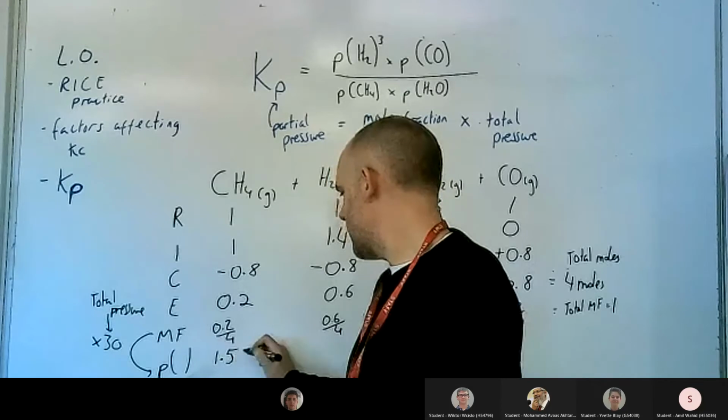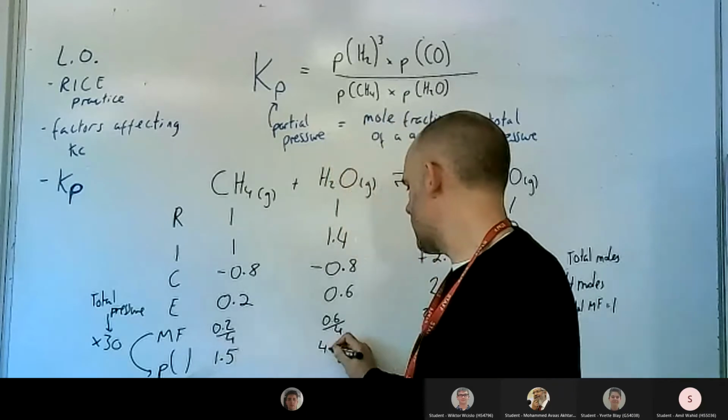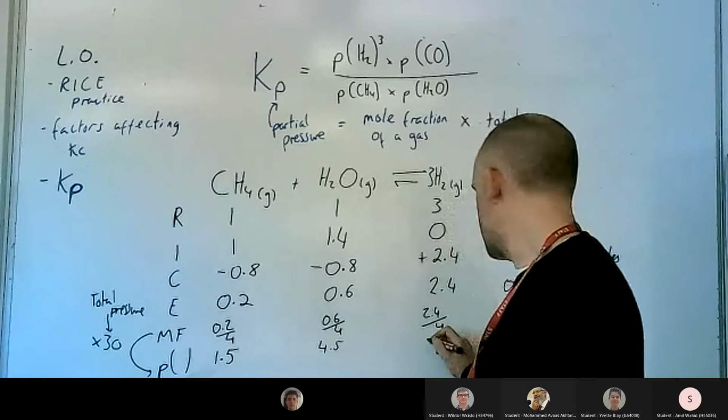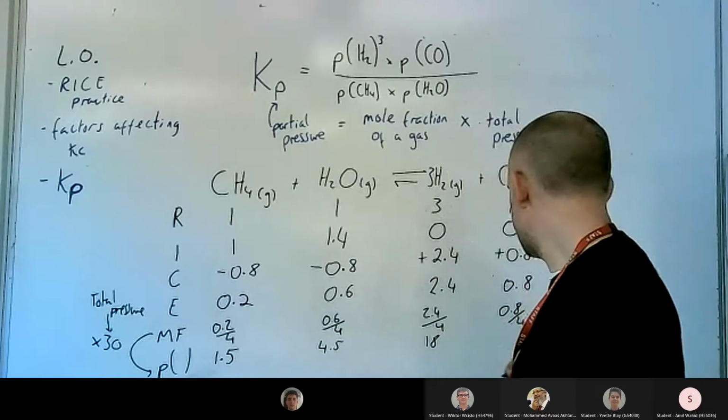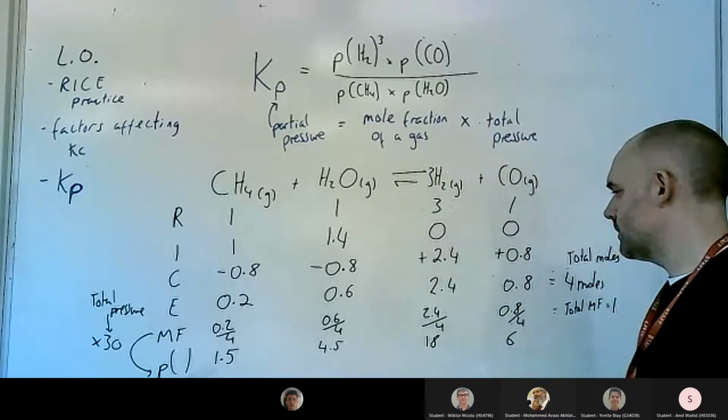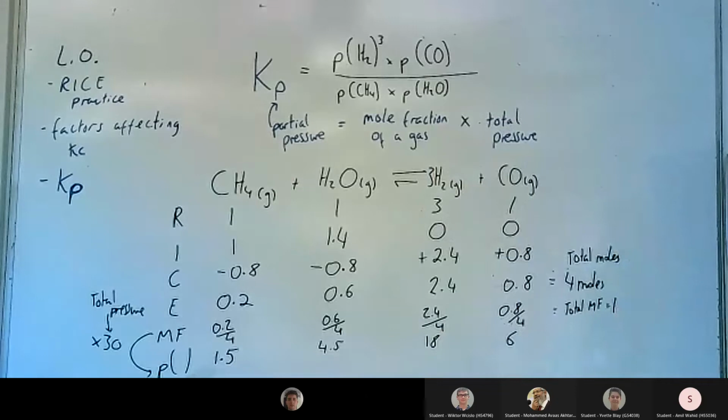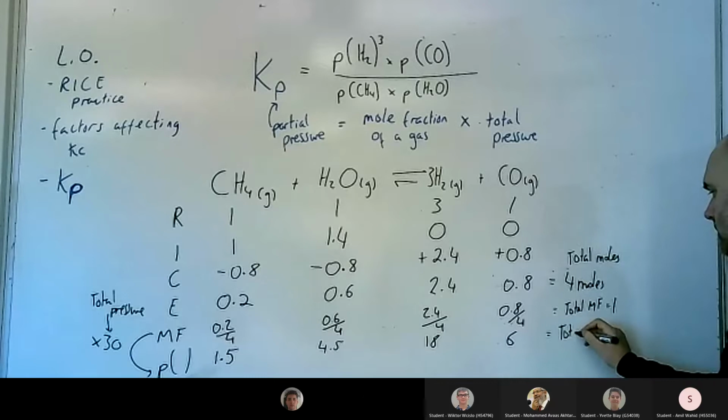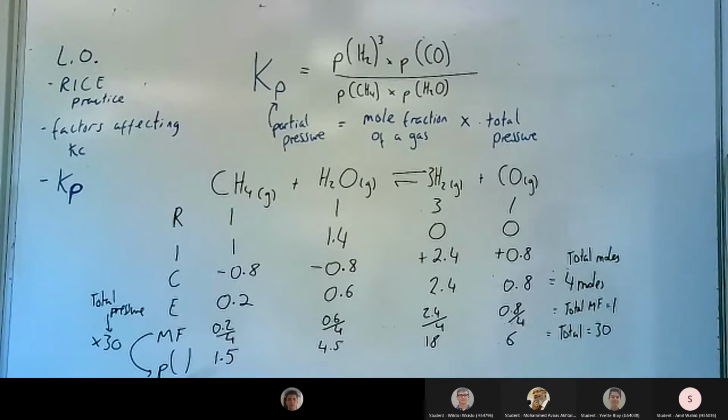That's 1.5, and then 4.5, 18 and 6. Yeah, it adds up to 30, doesn't it? The partial pressures should equal the total pressure. Again, you can check you've done it right. If it doesn't, something has gone wrong.